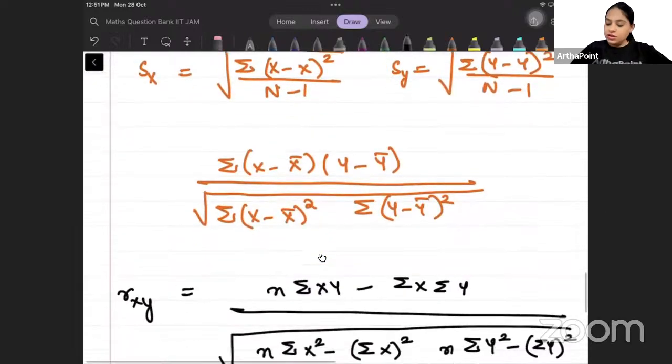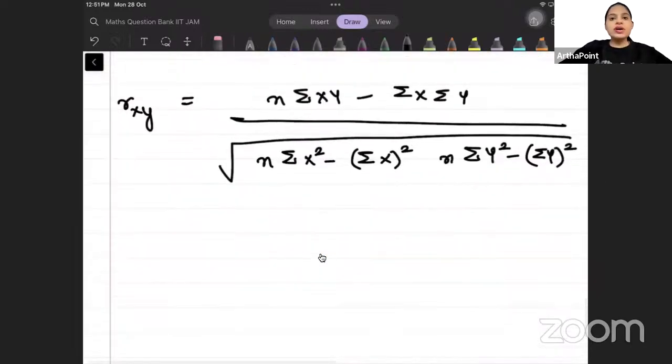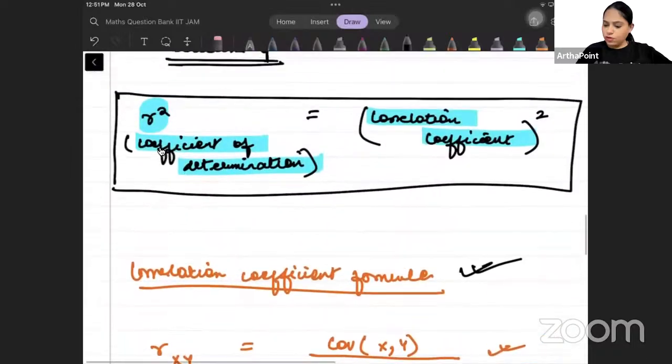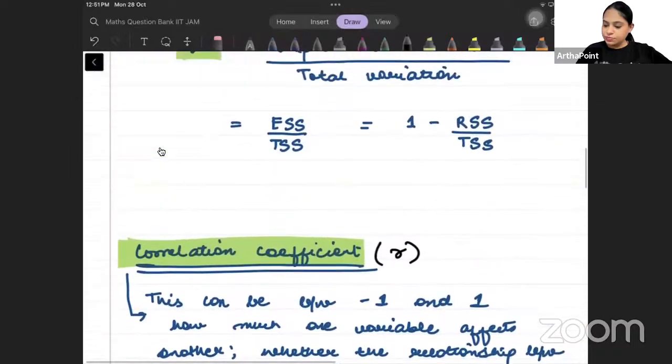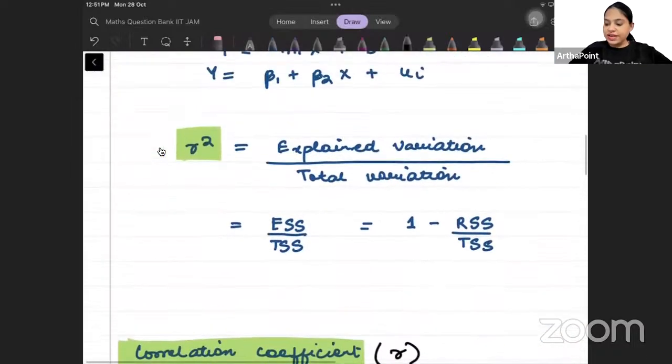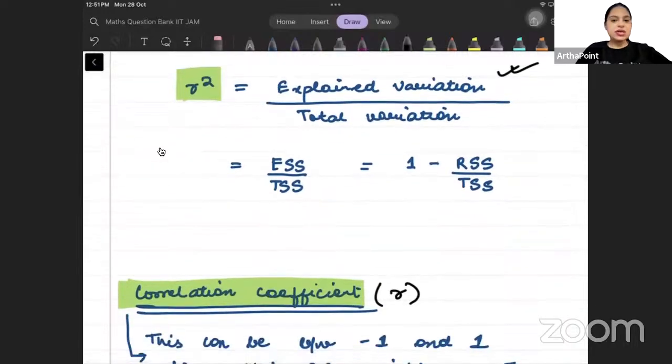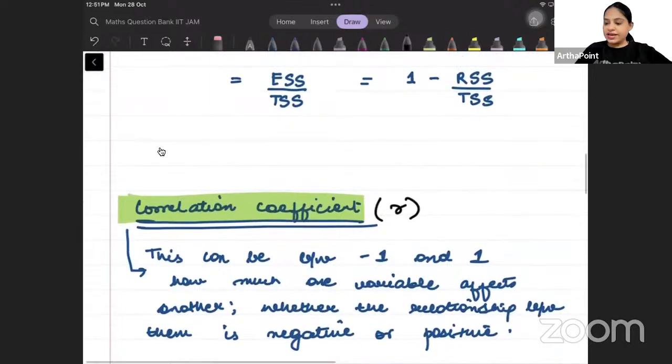Okay. Now, when you look at the coefficient of determination formula, I've already given you one form of coefficient of determination. This is explained variation upon total variation, ESS by TSS. It can also be written as 1 minus RSS by TSS, right?